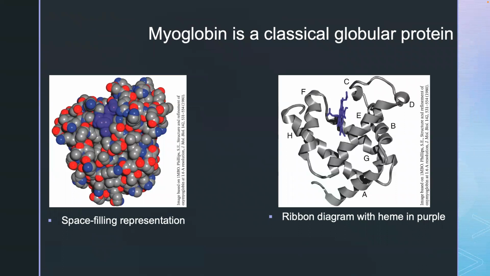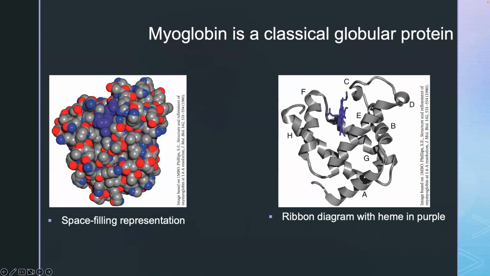And here you can see some different models of it showing its structure. And you can also see in purple, we have what's called the heme group. And the heme group is what allows myoglobin and hemoglobin to bind oxygen. So functional proteins that have a heme group, that is where the oxygen is going to bind.